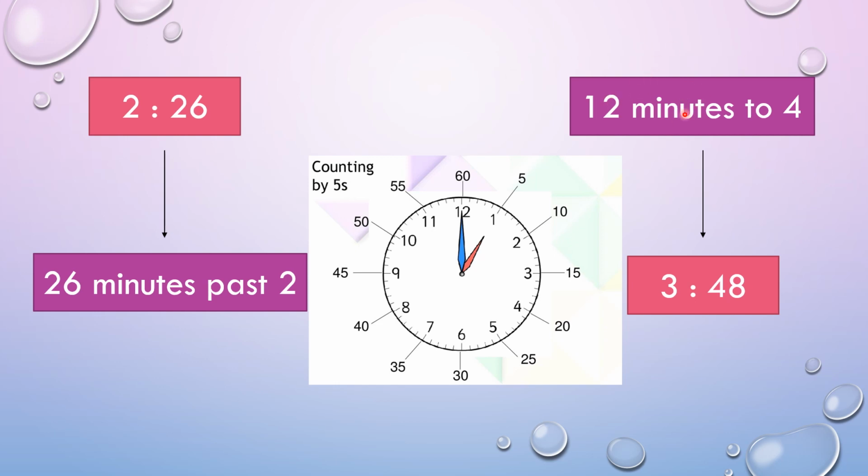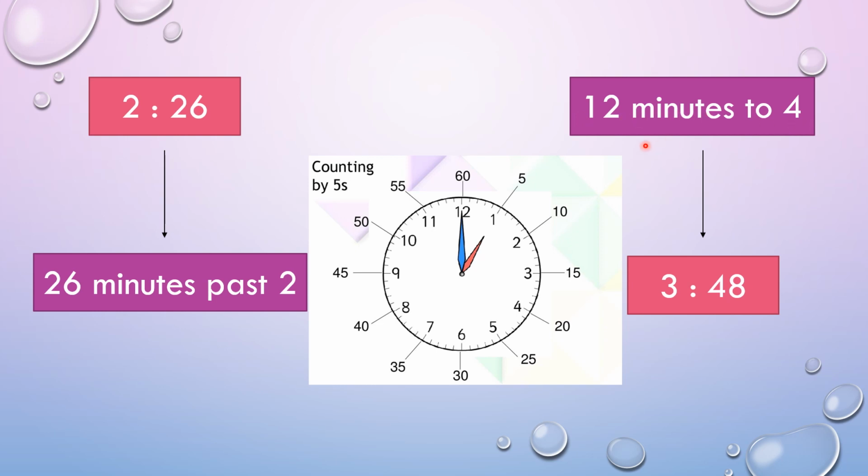Now, if the question given to you is already written in words, how do you write it in digital time? Now here, when you see 12 minutes to 4, guys, listen, 12 minutes to 4 means the short hand hasn't touched 4 yet, because they said the time currently is 12 minutes to 4.